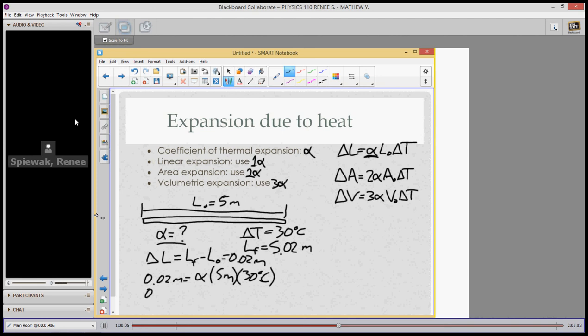So 0.02 divided by 150 equals 1.37 times 10 to the minus 4. Here? Yeah.